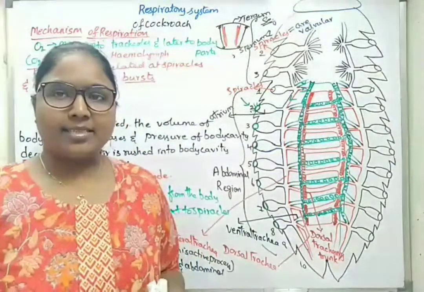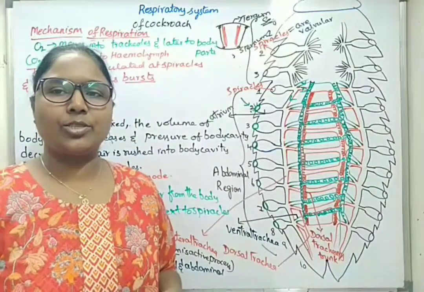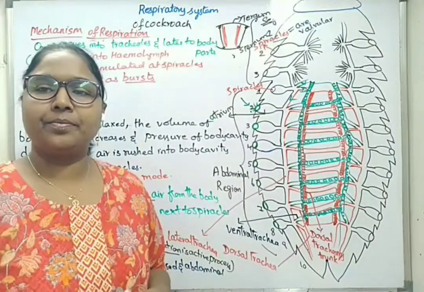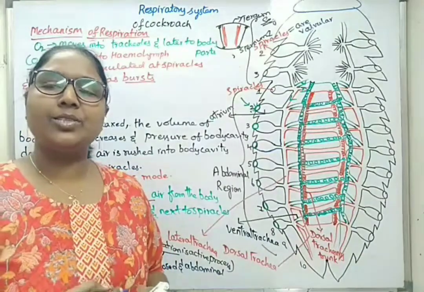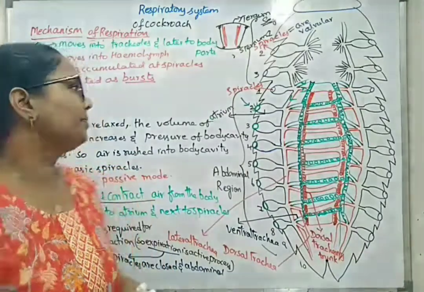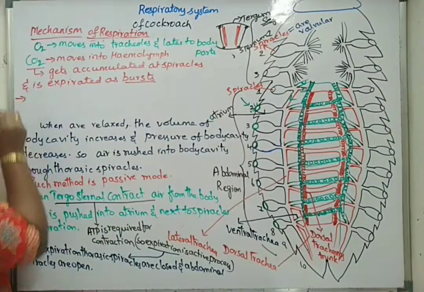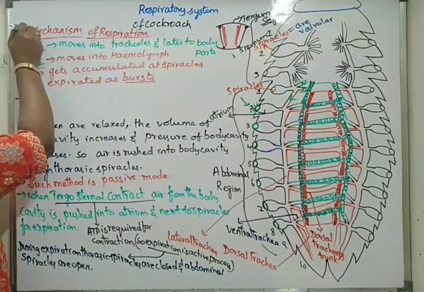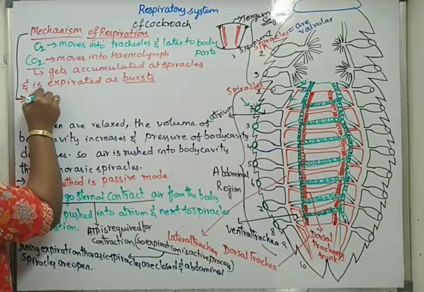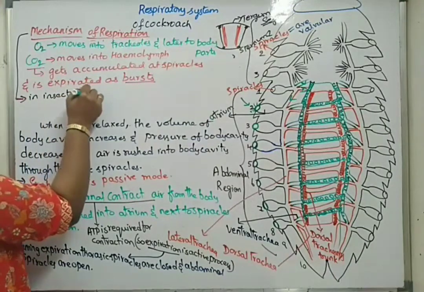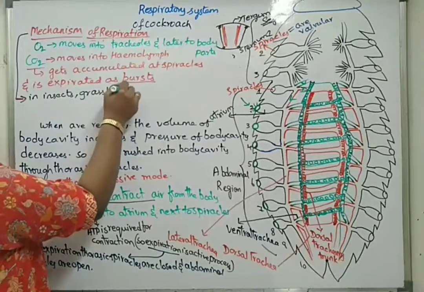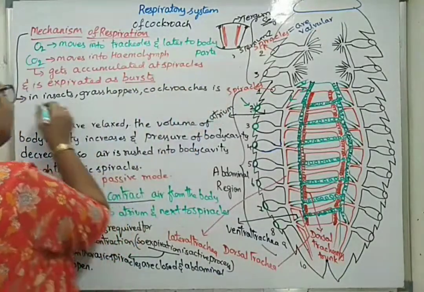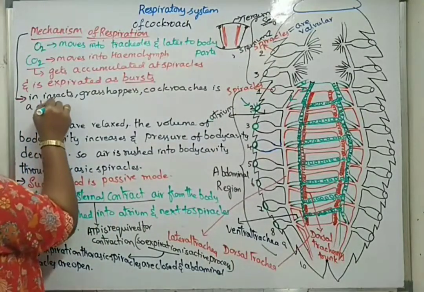Why as bursts? Because in insects like cockroaches, grasshoppers and some other insects also, the type of gaseous exchange is not a continuous process. It is a discontinuous process, that is termed as discontinuous ventilation. So we can say mechanism of respiration in insects, grasshoppers, cockroaches is a discontinuous process.